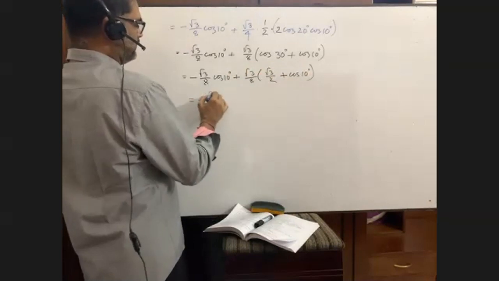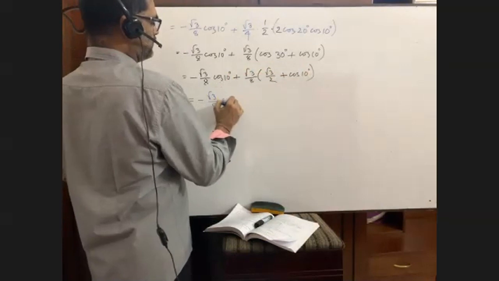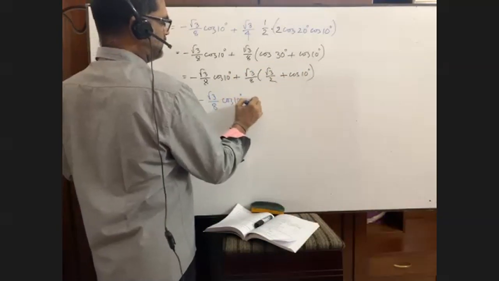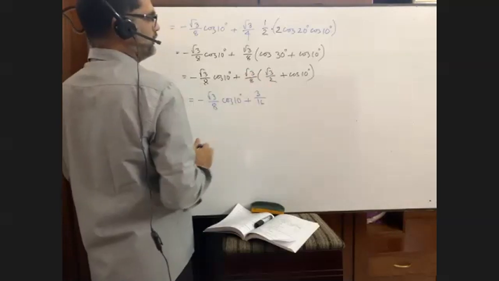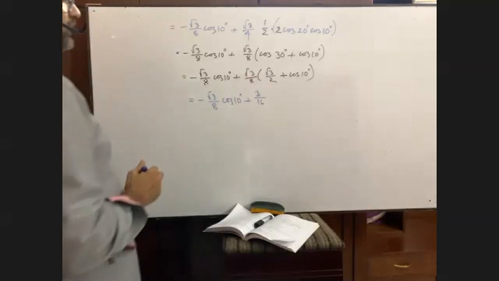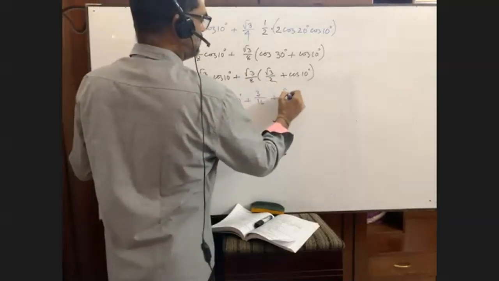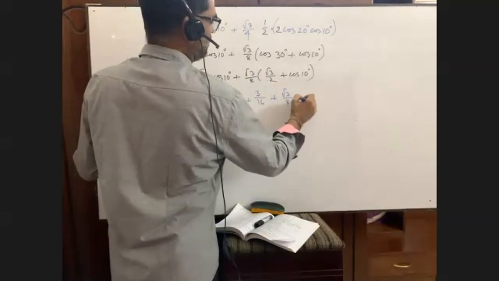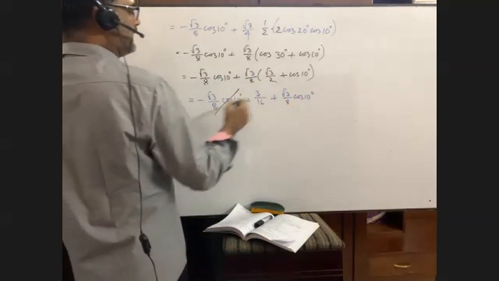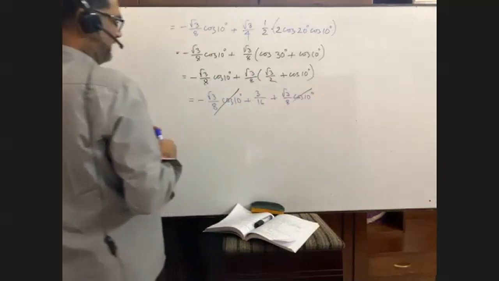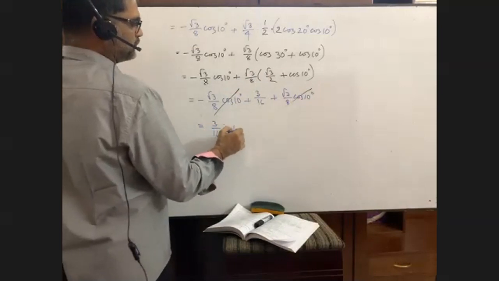Now we can write minus root 3 by 8 cos 10 degree plus 3 by 16. Have you seen? 3 by 16. Plus root 3 by 8 cos 10 degree. Now what do we get here? This and this are omitted, and we are left with 3 by 16. That is the right hand side and it is proved.